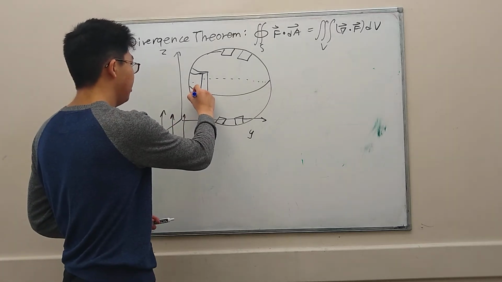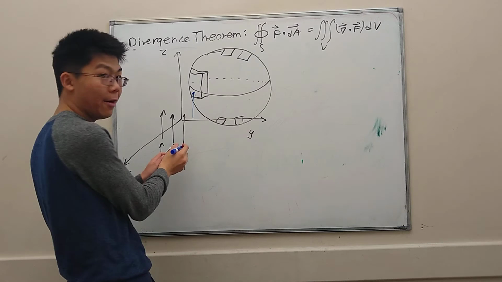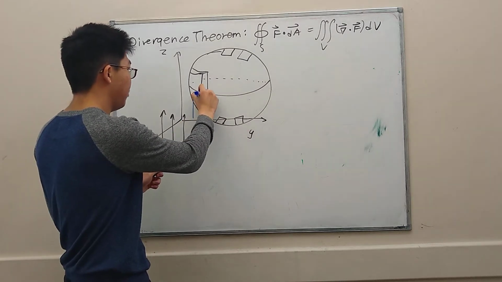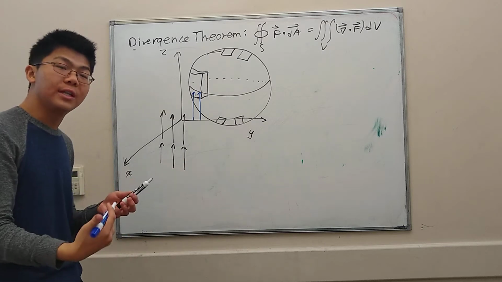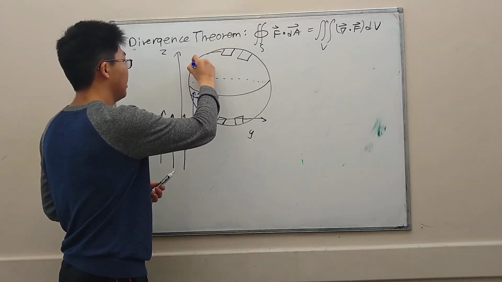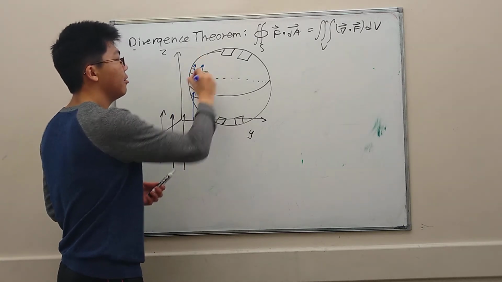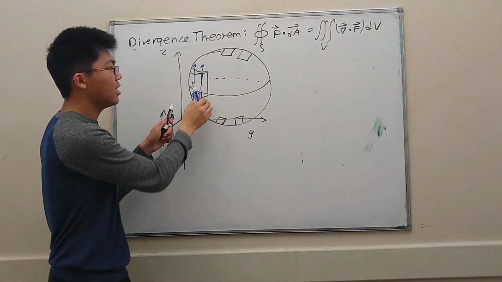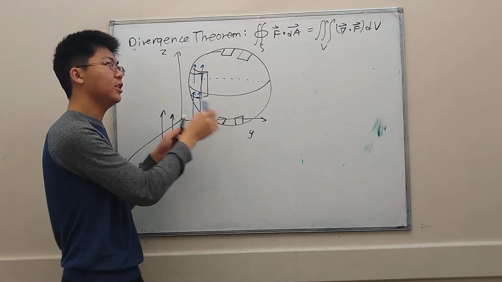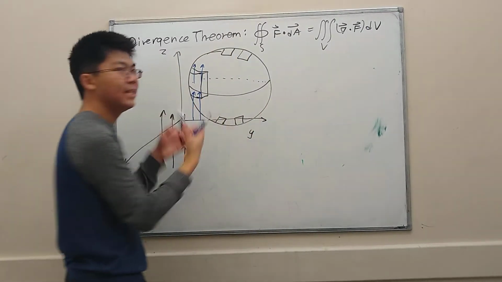We will have 2 blue arrows, just like the black arrows here, that point into the sphere. I just used the blue just to make it a little more clear. Here are the blue arrows pointing out of the sphere here. This little block here is our infinitesimal volume dV. So think of it as a little cube.